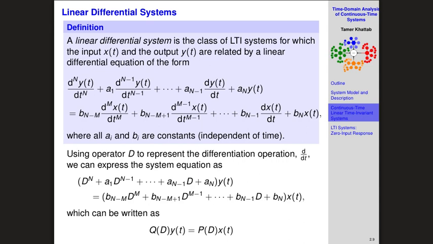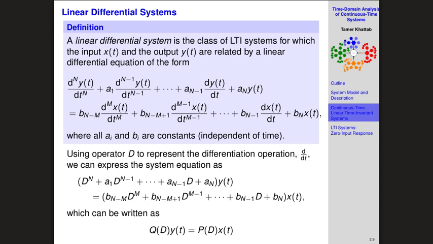Now, again, from your math course, you know that solving these equations is quite simple. You can just assume that this derivative is an operator, and then you represent the d by dt by an operator called capital D. And then if you have a second derivative, it becomes D squared. If you have a third derivative, it becomes D to the power 3.